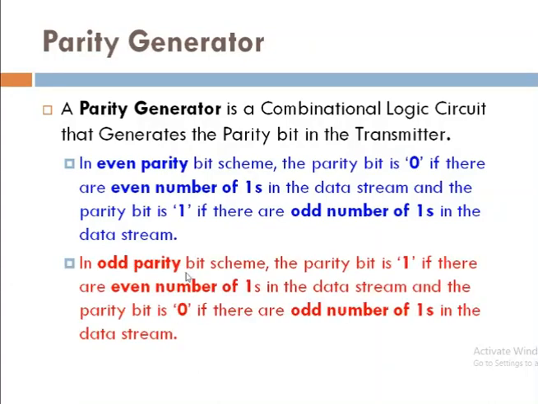In the case of the odd parity generator, you write the parity bit as output 1 when the number of ones in the input stream is even, or you write the parity bit as output 0 if the number of ones is odd. So this is the logic to write your even parity generator and odd parity generator.